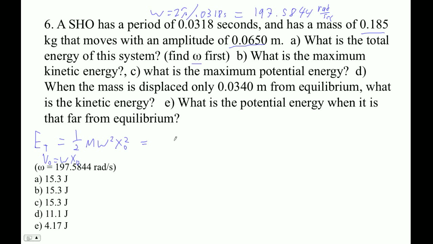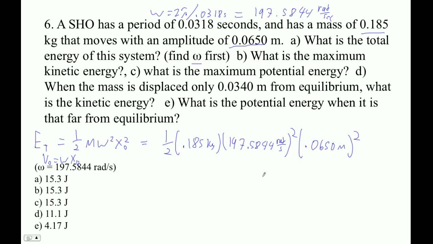Okay, so let's just plug in numbers. So 1/2, our mass is 0.185 kilograms. Our omega squared is 197.5844 radians per second, squared. And then our amplitude is 0.0650 meters, squared. Don't forget to square that.